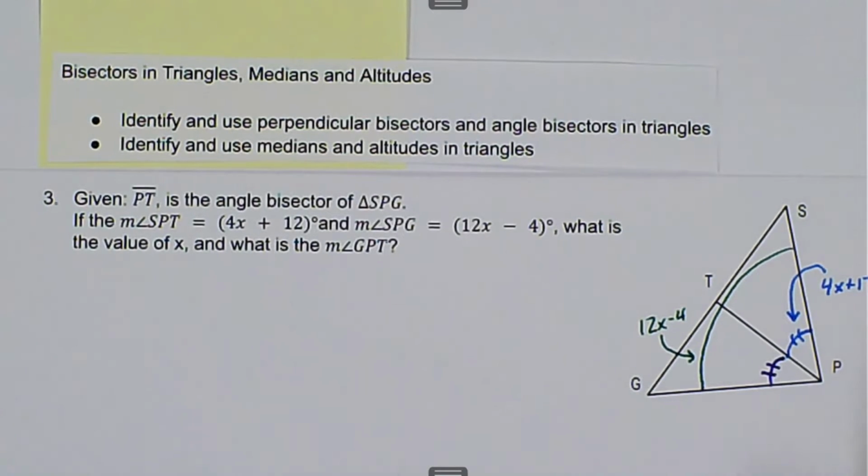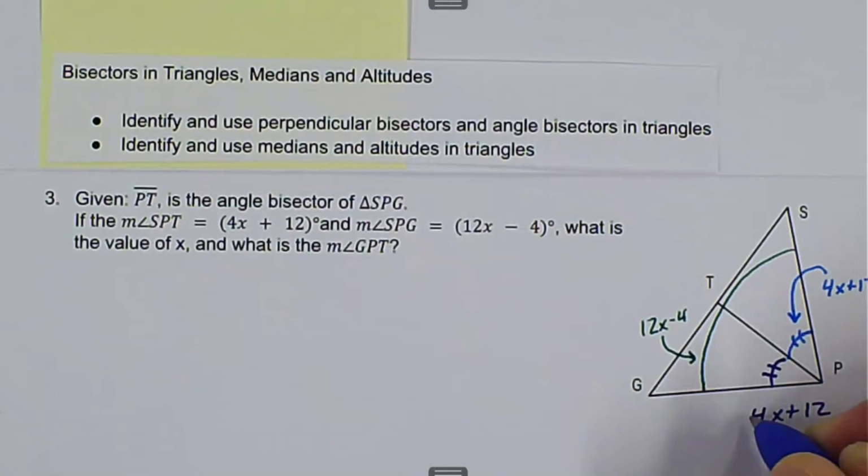So then we want to figure out what this angle is. Well, we already said that these two angles are congruent. So that also means that 4x plus 12 is the value of that angle right there.